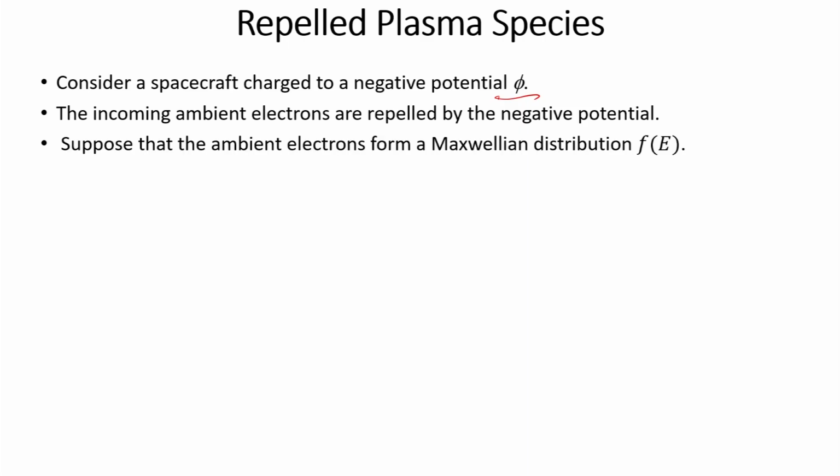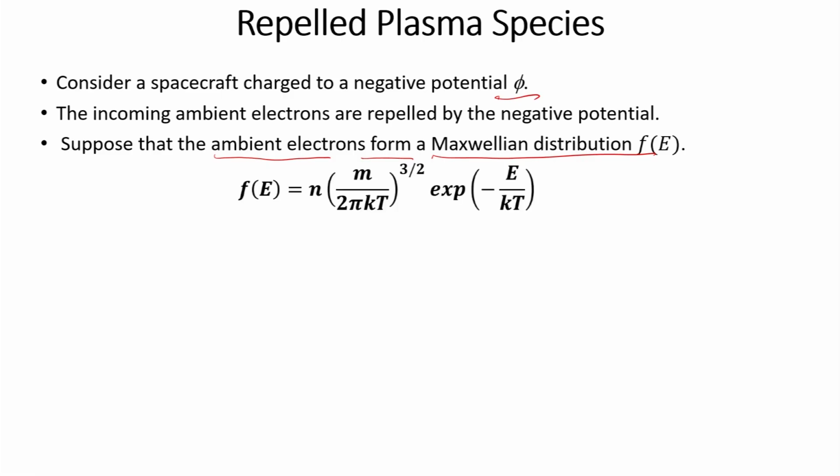Let us assume the ambient electrons form the Maxwell distribution, meaning the velocity probability distribution is Maxwellian. This we already discussed, each term and how we derived it, when we were discussing the basics of plasma physics. So this is the expression for the energy distribution. When I was explaining this I used half m v square, but here I am writing in terms of the energy.